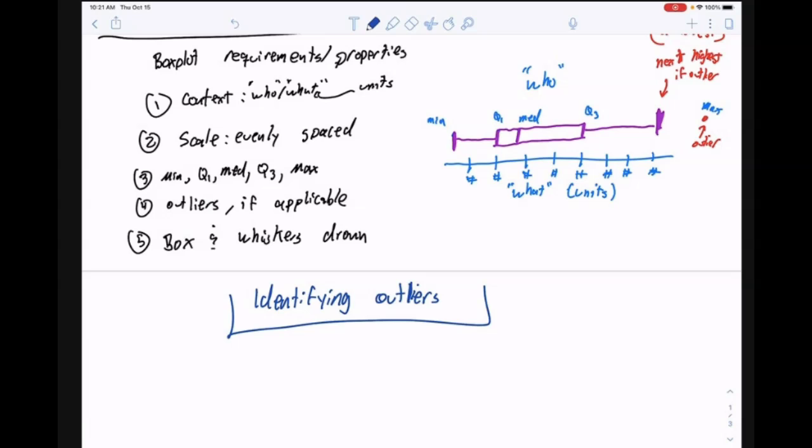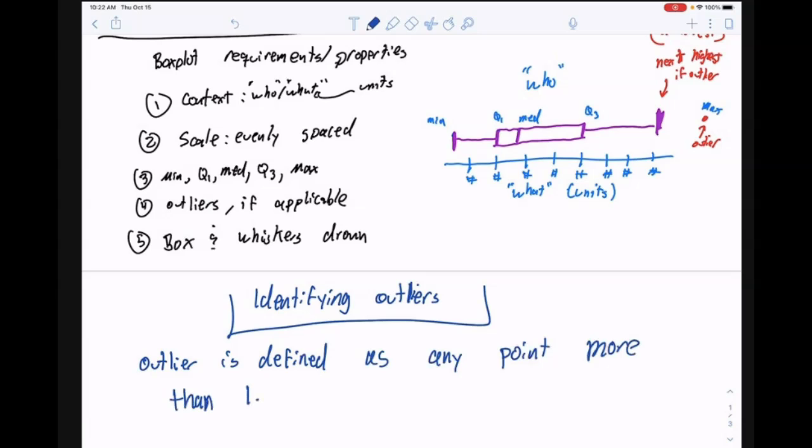And so how do we identify outliers? So the definition for an outlier is defined as any point more than 1.5 IQRs beyond the quartiles.